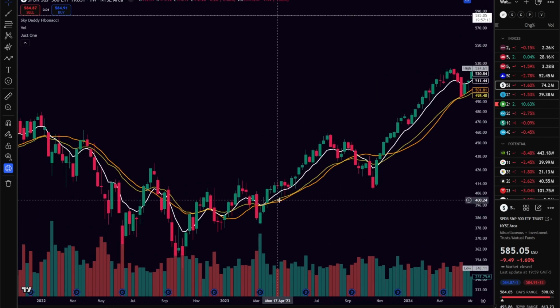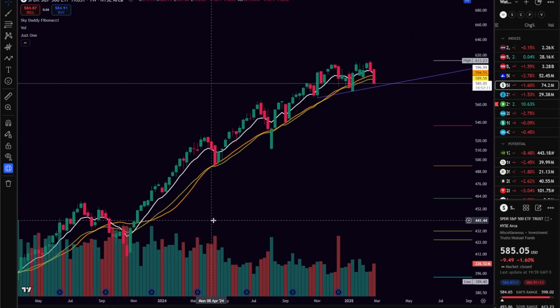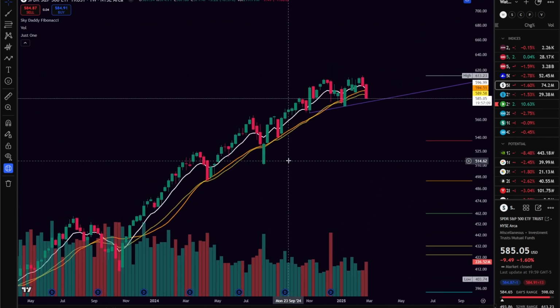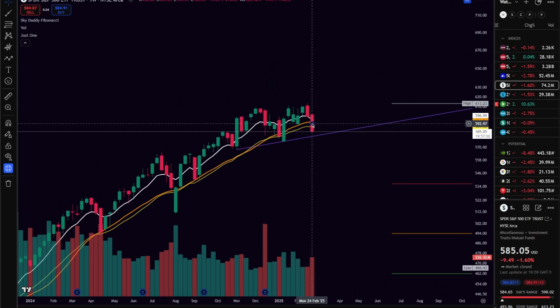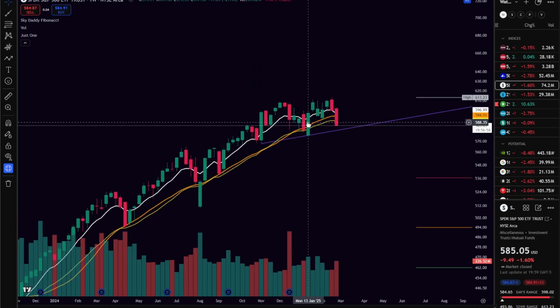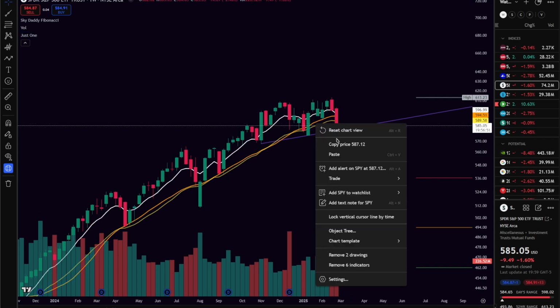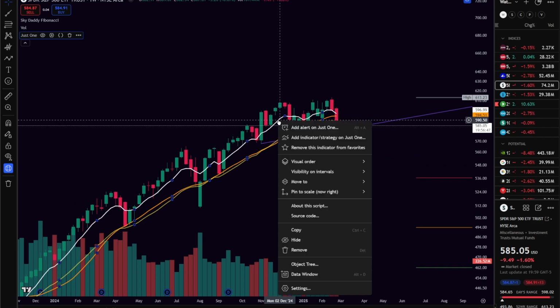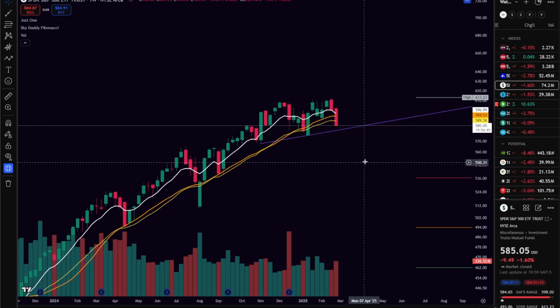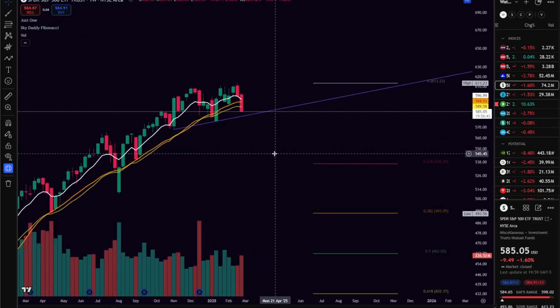Damn. What's interesting is the direction that the EMA and the 21 is pointing, along with the 20 right now, all pointing down. Guys, we're gonna die. Very interesting.